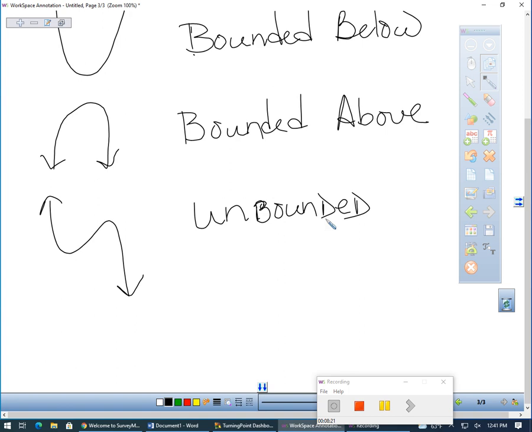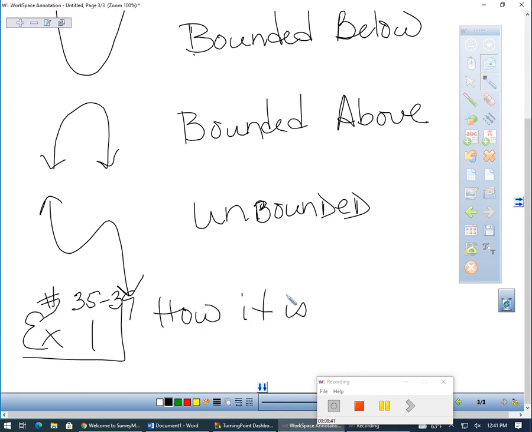Okay? So in the next section, here's example, technically this is example number 1, and this is 35 through 39. The directions ask you to determine how it is bounded. So those are going to be your 3 options, either above, below, or unbounded.